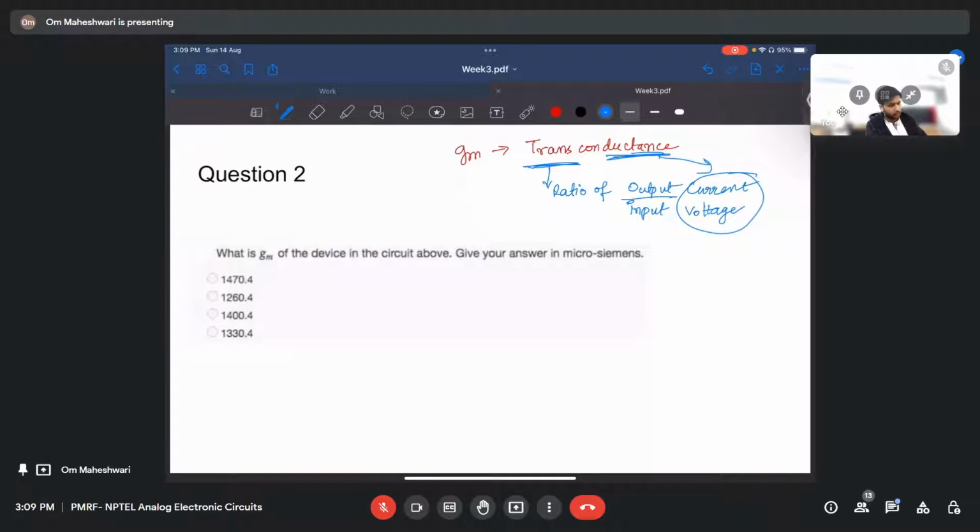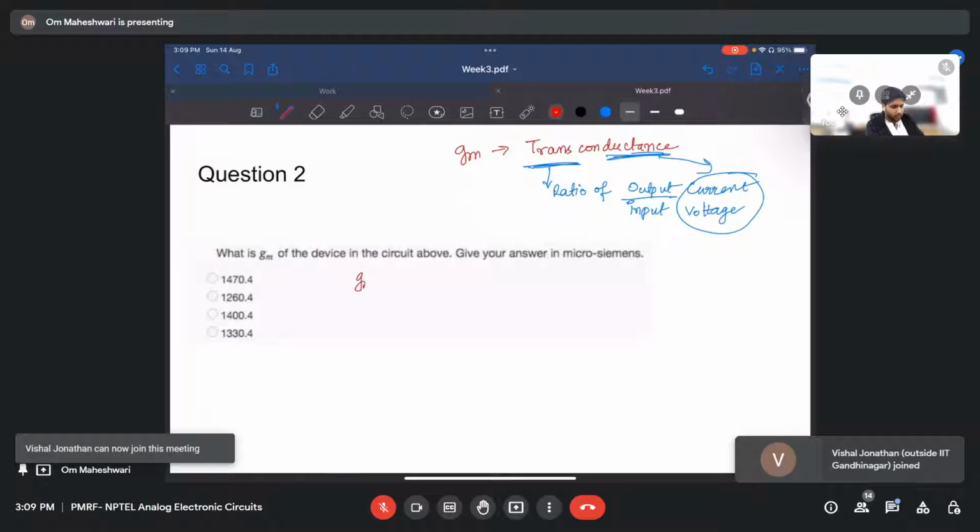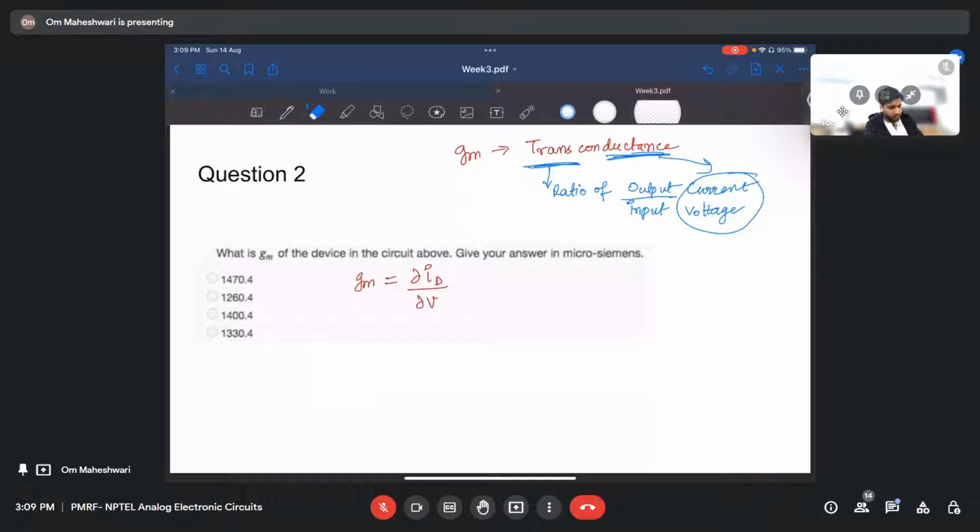We have seen earlier in videos and in the previous session also, gm equals del ID by del VGS. This is the output current and this is the input voltage.